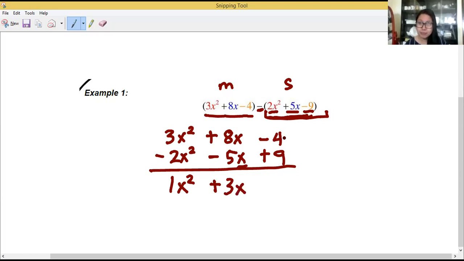Next, negative 4 plus 9. Remember our song? Same signs add and keep, different signs subtract. Different signs. So we subtract them. That's 9 minus 4, that becomes 5. If the numerical coefficient is 1, it's okay not to write 1. So our final answer is x squared plus 3x plus 5.